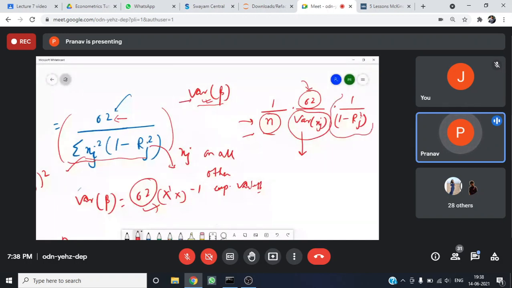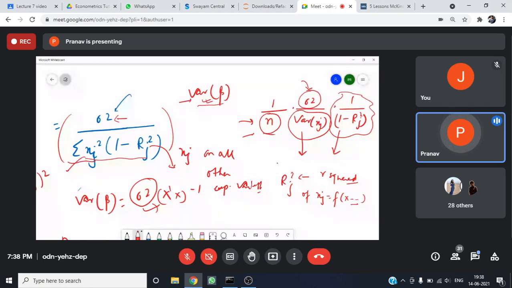एंड देन यू हैव दिस फाइनल टर्म which depends on this r square j, where this rj square is nothing but the r squared or coefficient of determination of xj as a function of all other explanative variables excluding xj in the model.